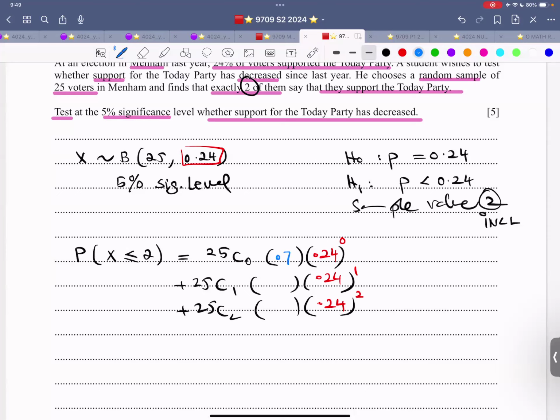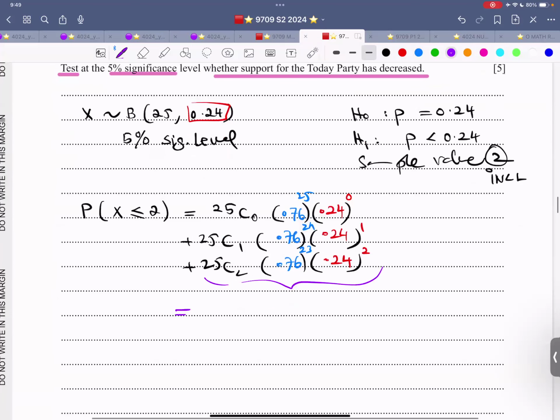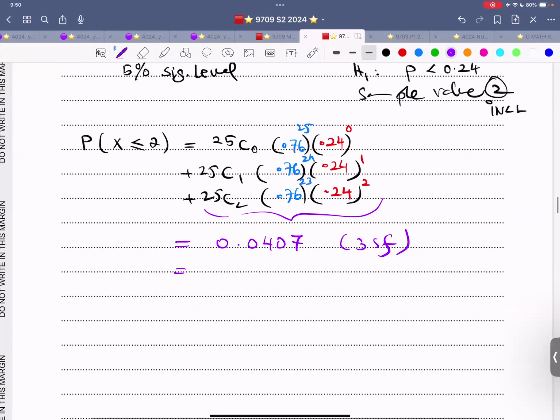And probability of failure, 0.76, power is 25, 24, 23. Now plug all this in the calculator and write down the answer. This answer is coming out to be 0.0407, correct to 3 significant figures. Now convert it into percentage, 4.07%.